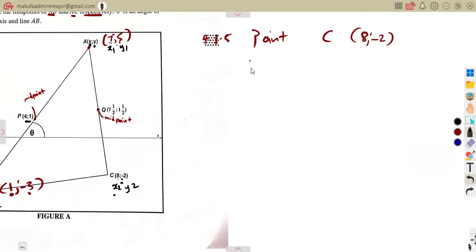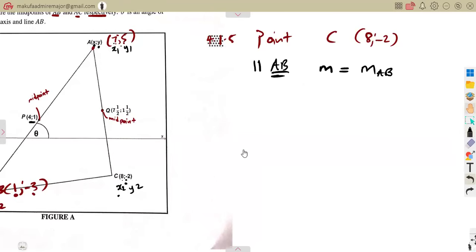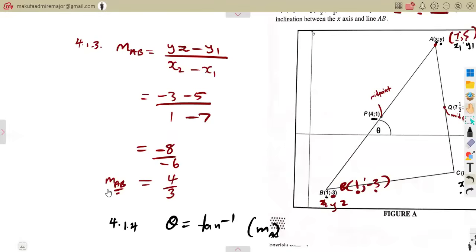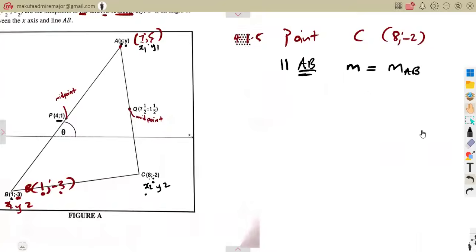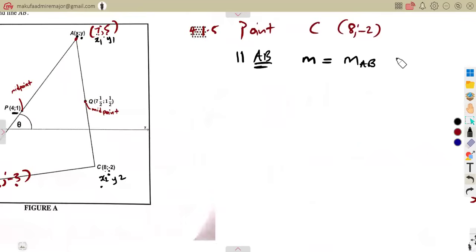But this line is supposed to be parallel to AB, so our gradient must be equal to the gradient of the line AB. Two parallel lines have the same gradient. The gradient of AB, which we calculated, is 4 over 3.